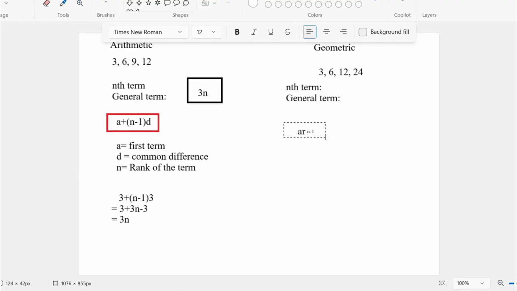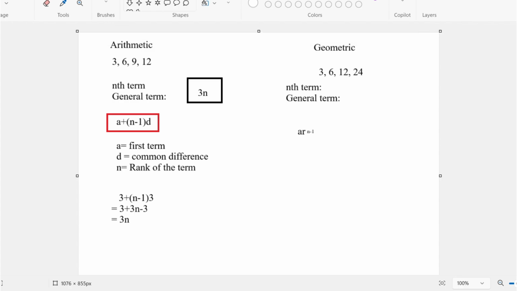So let's put a box around that specific formula. Find the general term of this pattern using this.